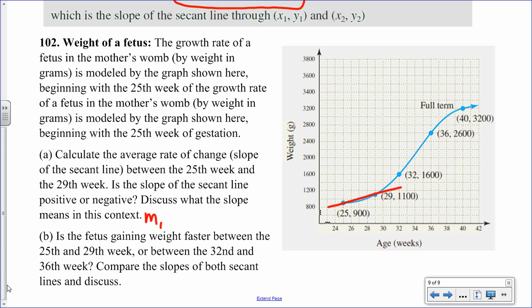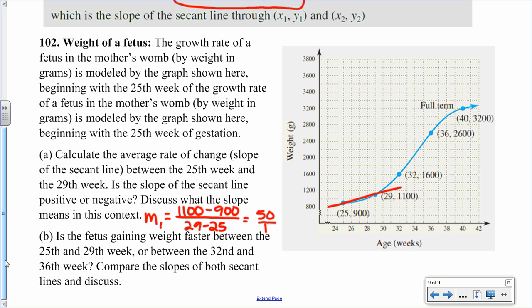I have to find another slope down here, so I'm going to call that n1. So I have 1100 minus 900 over 29 minus 25. So I get 200 over 4, which reduces to 50 over 1.